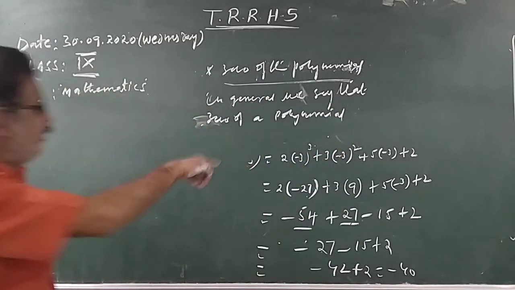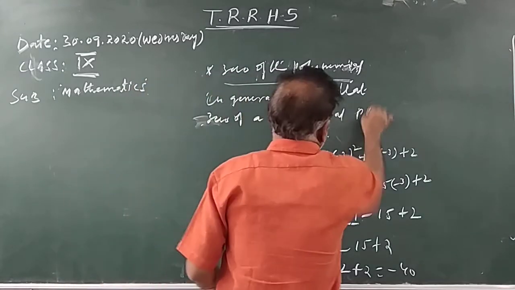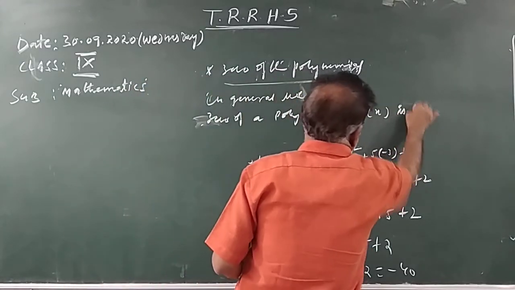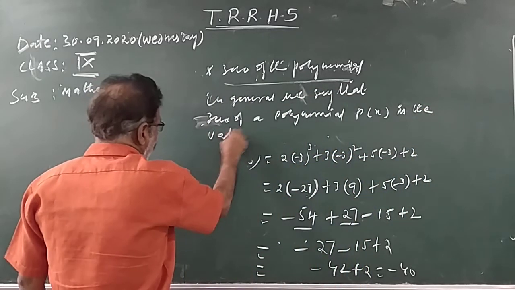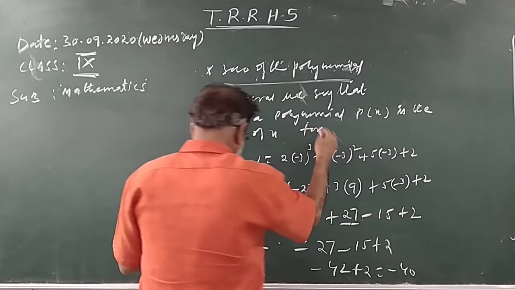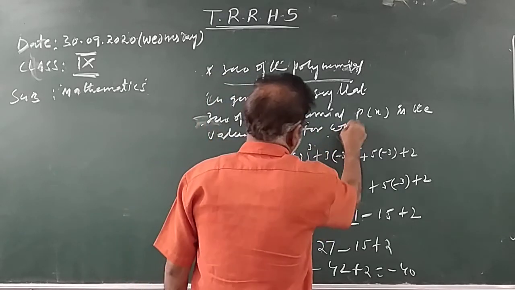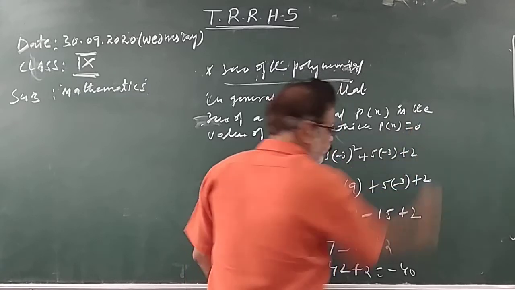In general, we say that zero of the polynomial p of x is the value of x for which p of x is equal to 0.